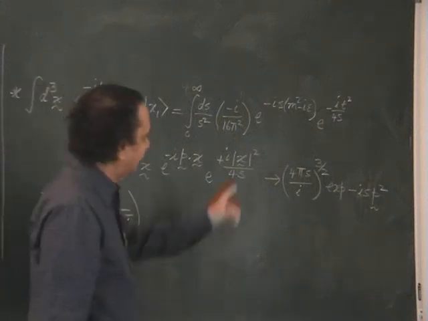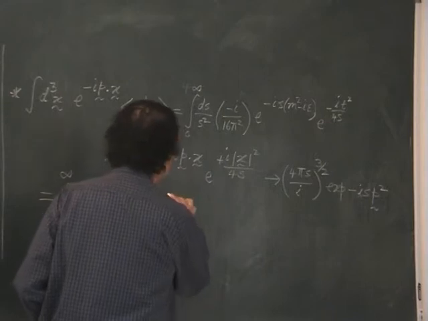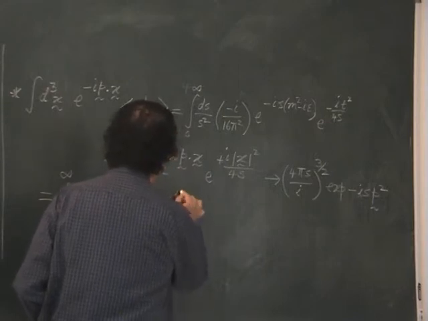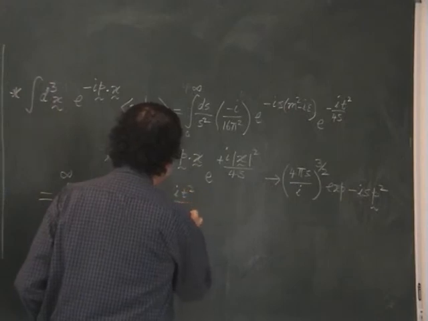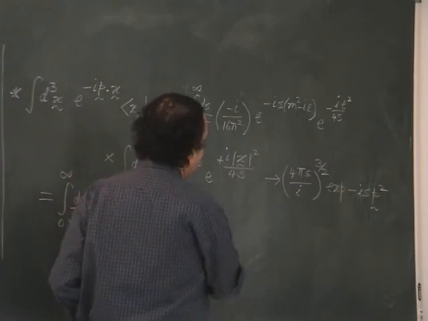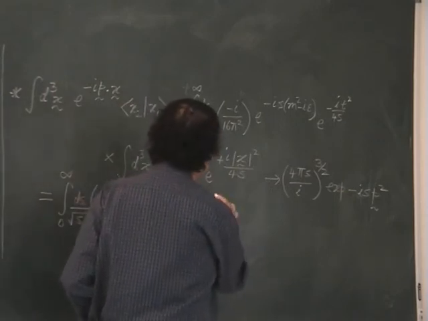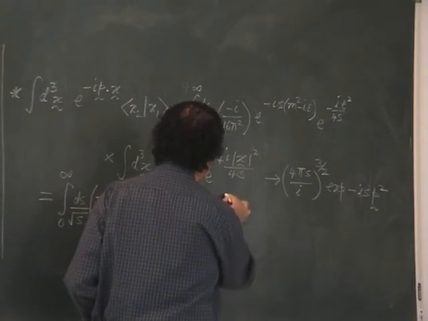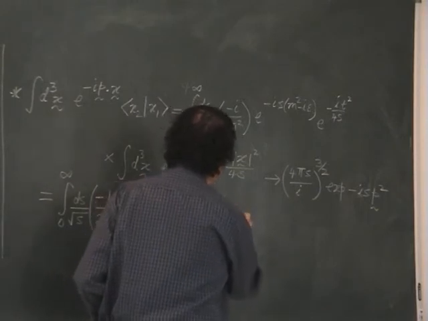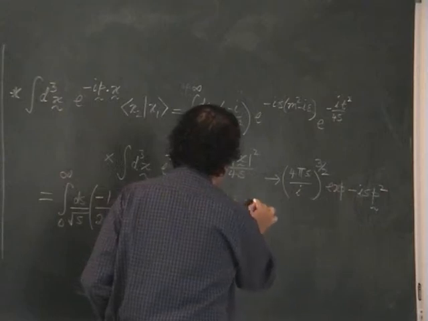And what is left now is e to the minus i t square by 4s, which comes from that, and a minus i s omega p square minus i epsilon.